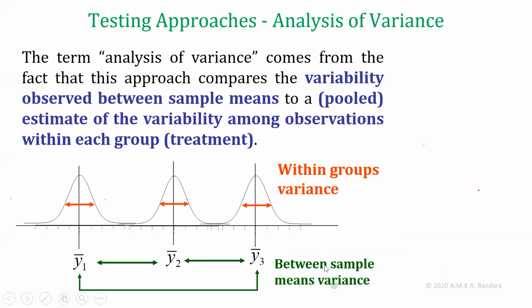It is testing whether this between sample variation or between group variation is larger than this within group variability. In this case, you can see this variation is larger than this within variability.